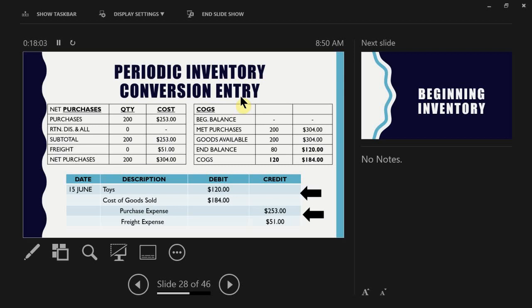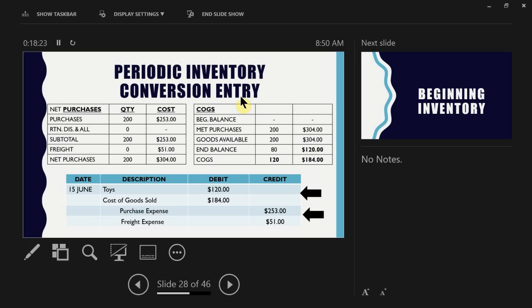So once we've completed that bottom section in our inventory worksheet, those are the things we'll plug into our conversion entry, because we've already solved for them. There's no need to double solve for something you already know.